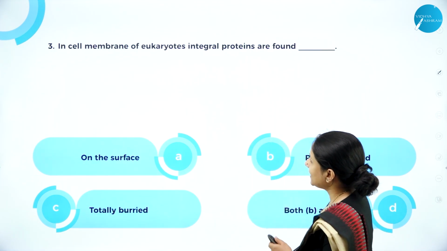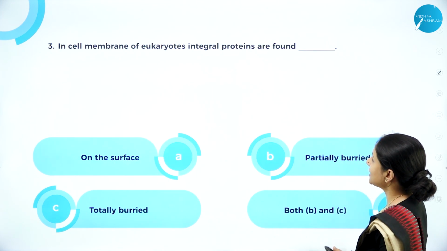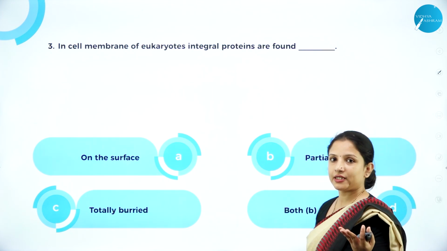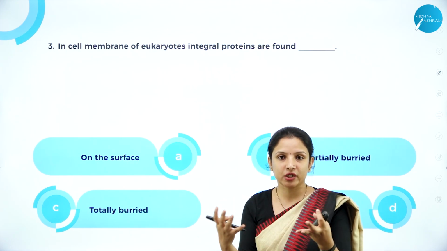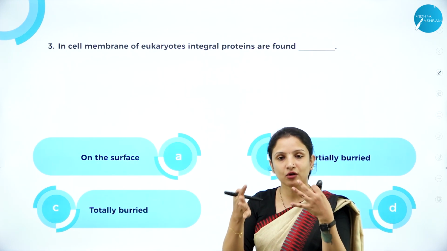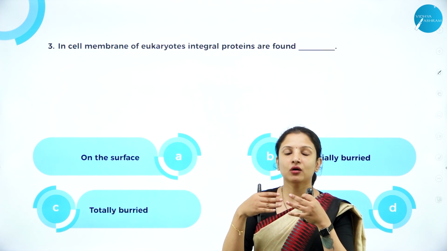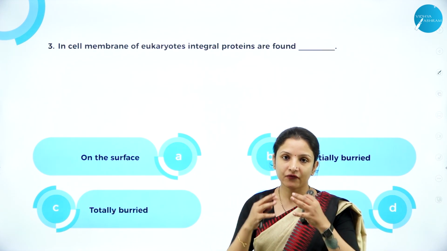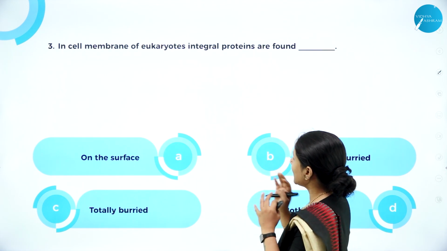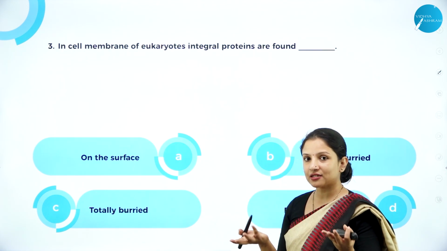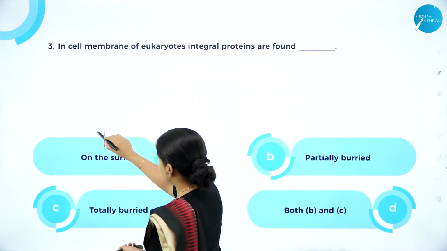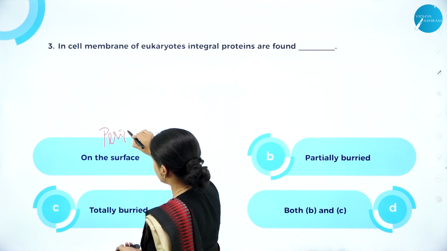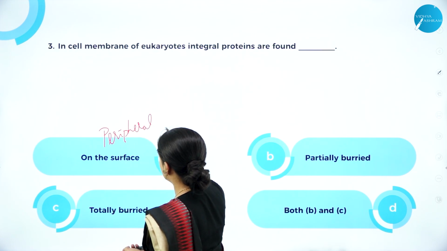Next question. In the cell membrane of eukaryotes, integral proteins are found in. What are integral proteins? The name itself says integral, in between. They are embedded or buried partially or completely within the phospholipid bilayer. On the surface, no; it is the peripheral proteins that are present on the surface.